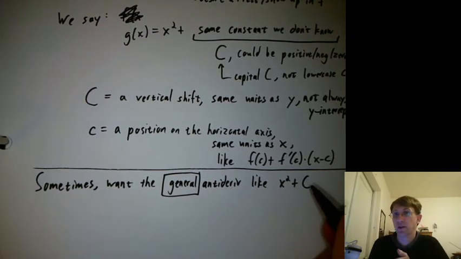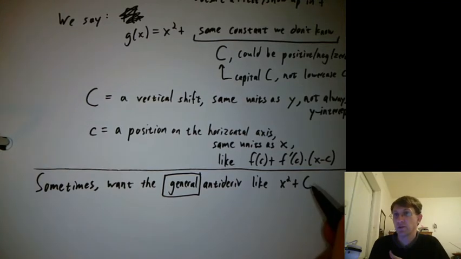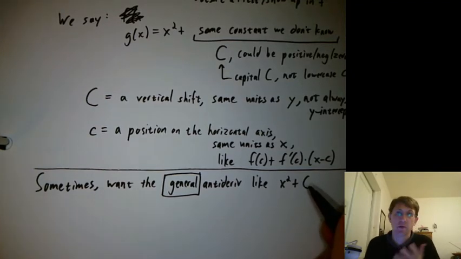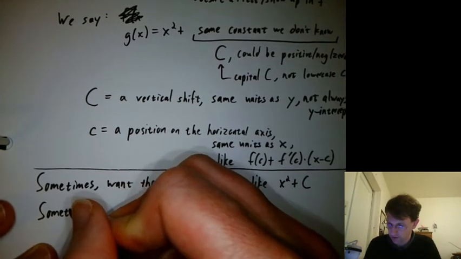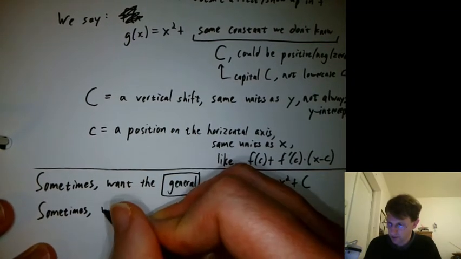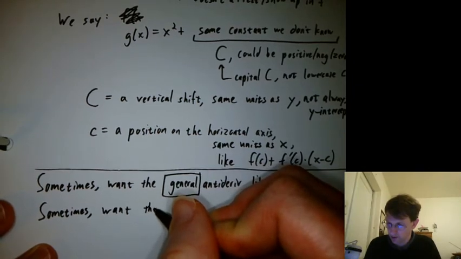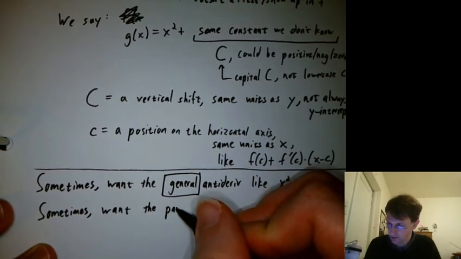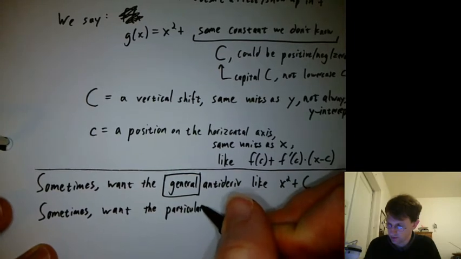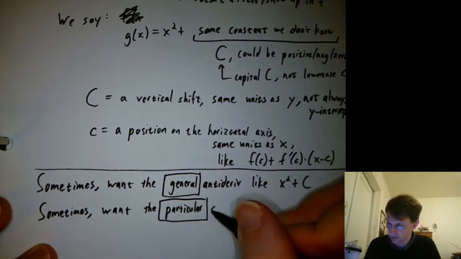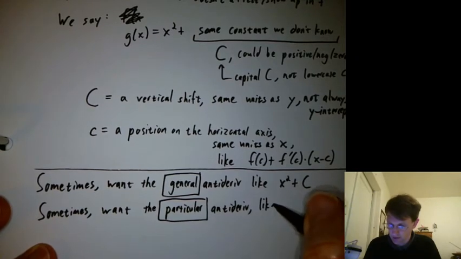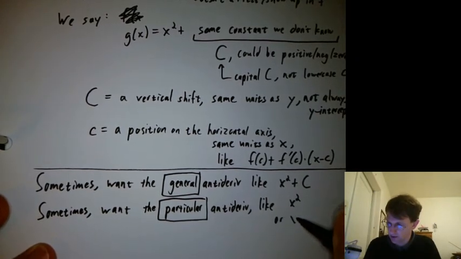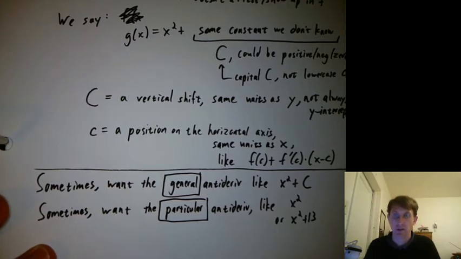We want a specific antiderivative that works in specific examples, or maybe the plus C ends up just not mattering. So sometimes we want what's called the particular antiderivative, like x squared or x squared plus 13 or something.